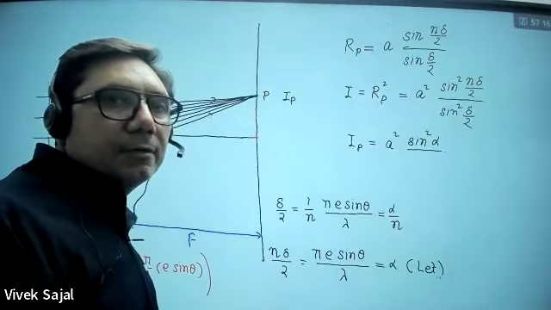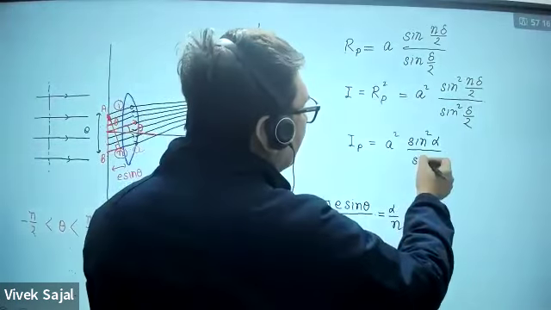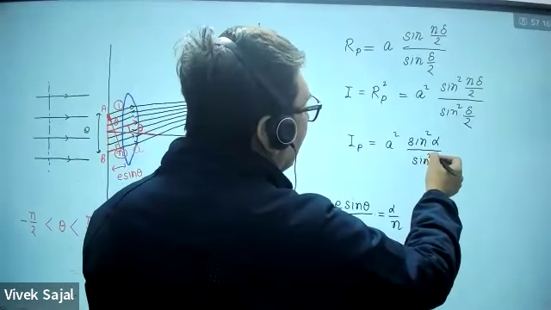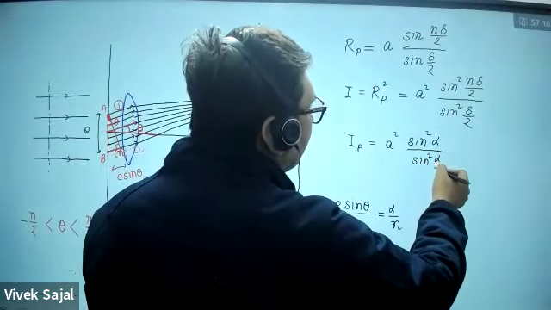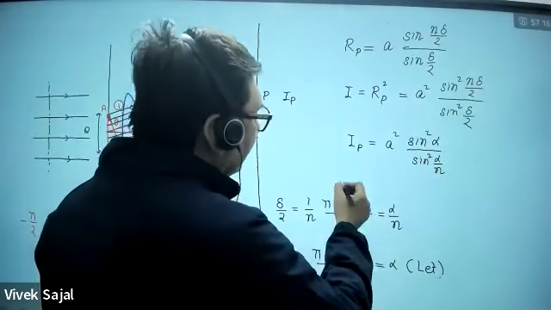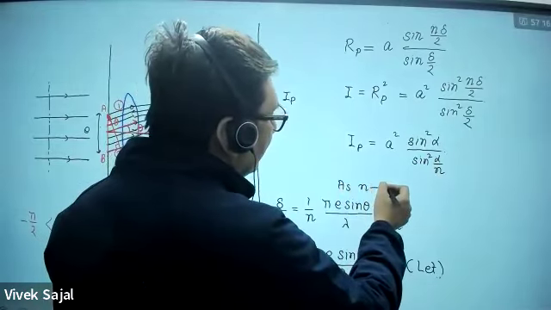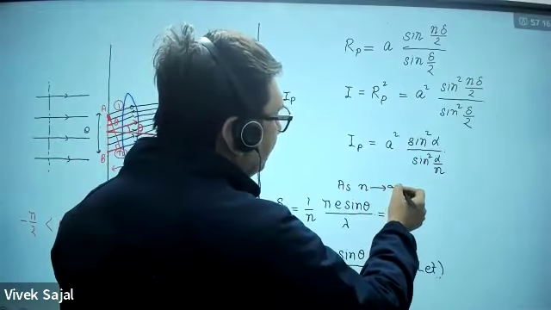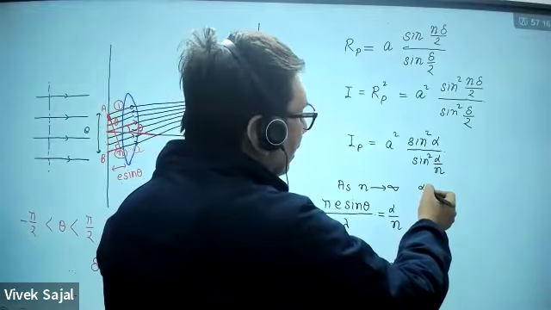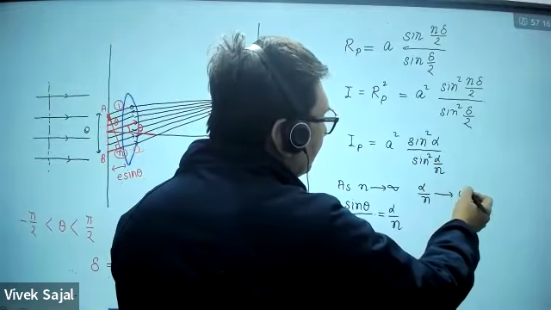It is 10,000, 20,000, 40,000. So this will be sin square of alpha by n. Try to understand, alpha is very, very large, tending to infinity, so alpha by n will tend to 0.